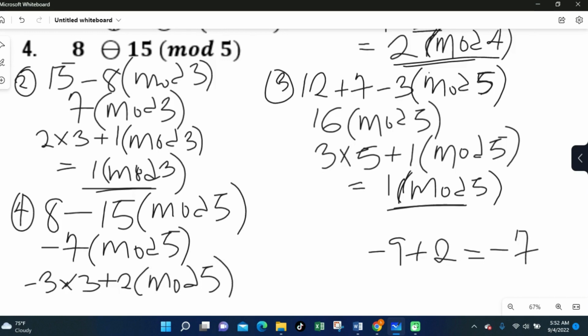So if we simplify this further, we're going to have 2 mod 5 as our solution in modular arithmetic. So you see, solving questions on addition and subtraction of modular arithmetic can be very, very easy.